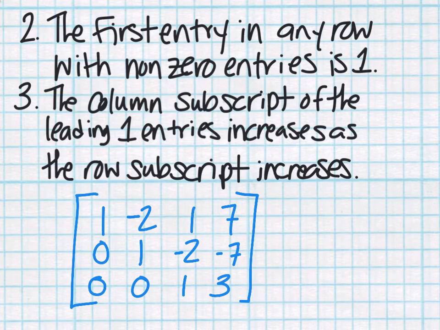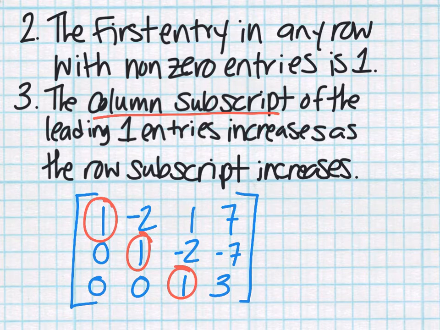And what this last part means, column subscript, so like column 1, row 1, column 2, row 2. What that basically means is that the leading ones move to the right as we move down the rows. So row 1, column 1, row 2, column 2, row 3, column 3. So it's moving to the right and down.